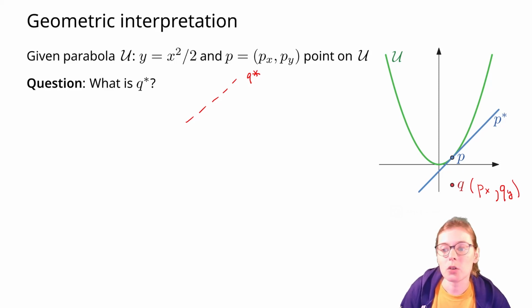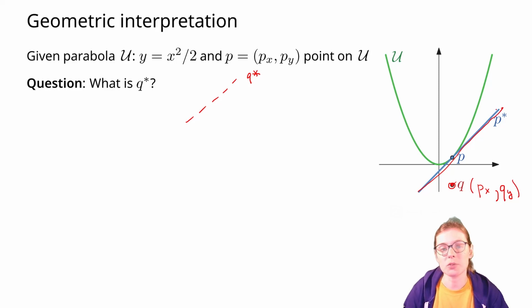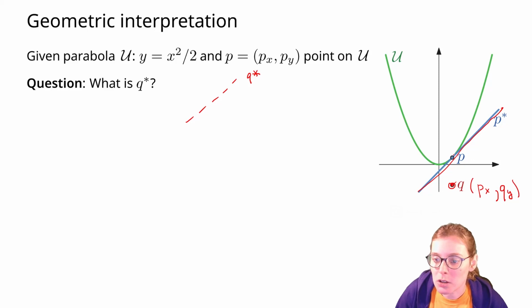So which way can we reason about it? Well, we know that the vertical distances between points and lines in the primal plane correspond to the dual lines and points in the dual plane. So if we consider the point Q and the line P star as the objects in the primal plane, and the line Q star and the point P as the objects in the dual plane, then we know that the vertical distance will be preserved.